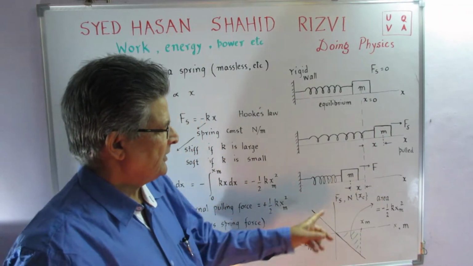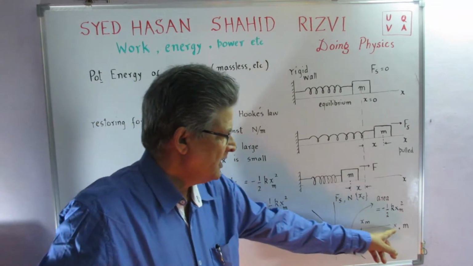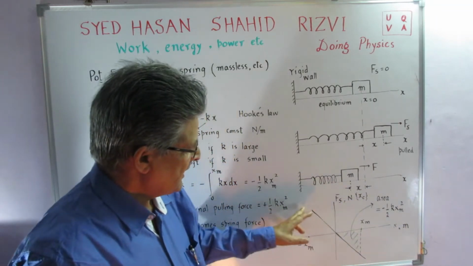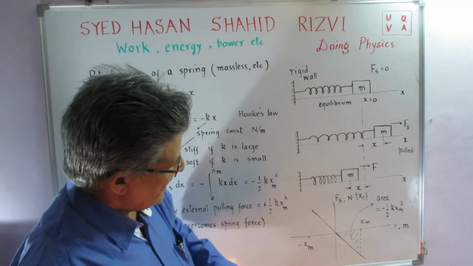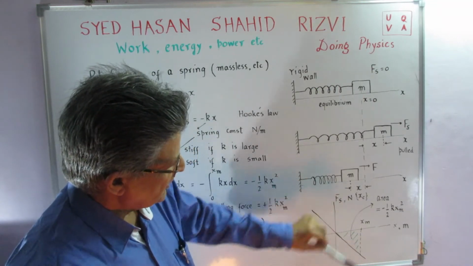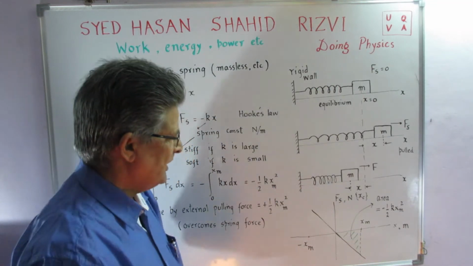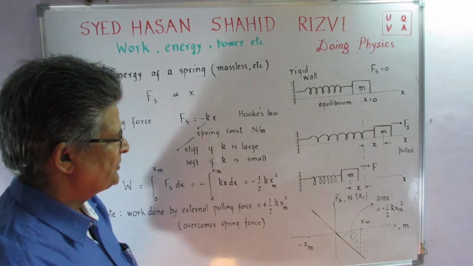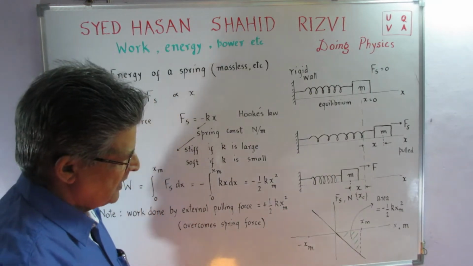Okay, the relation between the force in newtons and x in meters is shown by this line which comes over here, and this is actually F equal to minus kx.